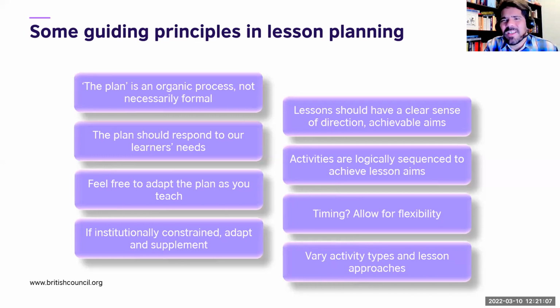And sometimes to maximize engagement, we need to keep people on their toes. How do we keep people on their toes? Giving them the unexpected. And what do I mean by the unexpected? Just a different type of activity, just a different type of task, just a different type of interaction. Sometimes I see lessons where students speak to a partner, then they work in groups, then they speak to a partner again, and then they work in groups, and then they speak to a partner.